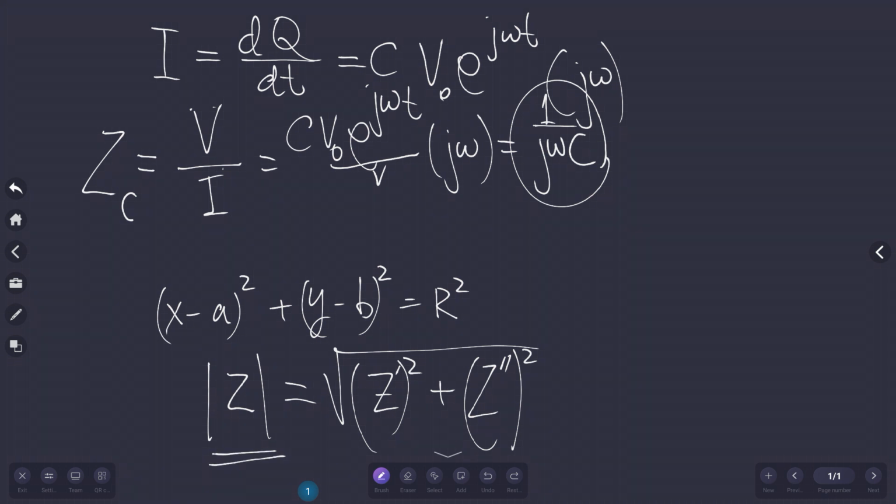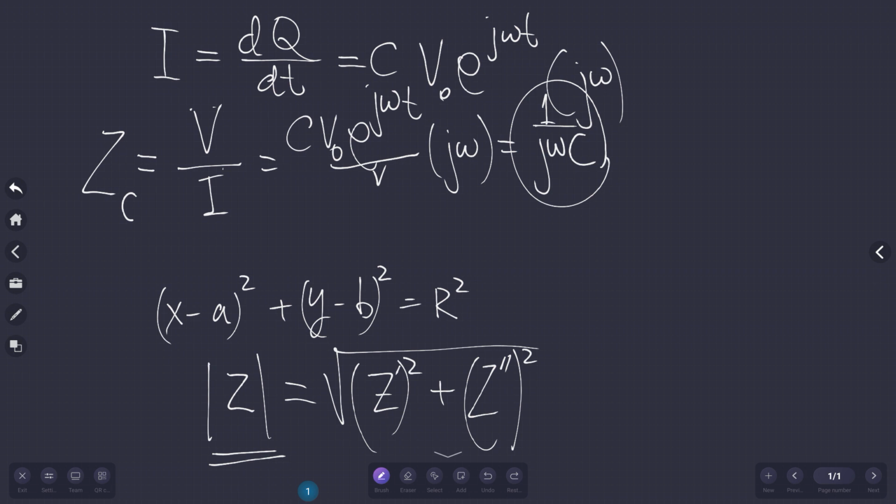And if you plot that quantity on this axis, the logarithm of that one, as a function of the logarithm of frequency, it will look like this: a flat part, and then an inclined linear part.